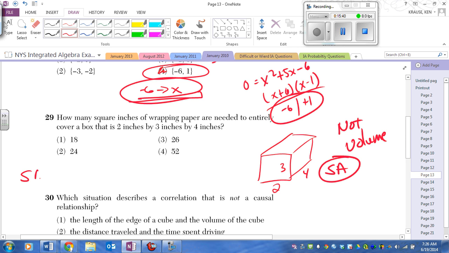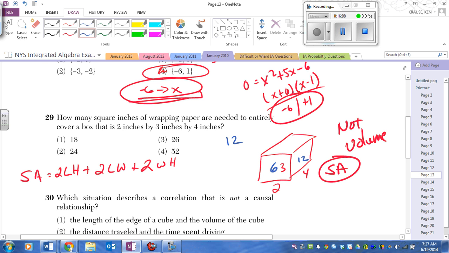Surface area is 2 of the fronts, or 2 length heights, 2 of the sides, 2 length widths, and 2 of the top and bottom. So the front is 6, the back is 6, so that's 12.